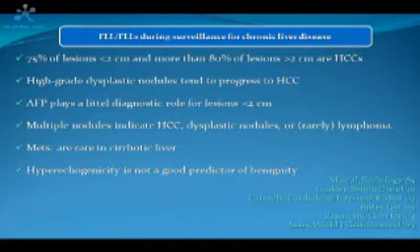So the scenario of chronic liver disease: we must always consider that most of the new lesions found in these patients are HCC, particularly depending on the size. We must also consider that dysplastic nodules have a tendency to turn into overt HCC. The alpha-fetoprotein has a little role in very small lesions.